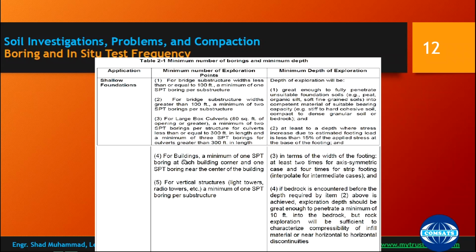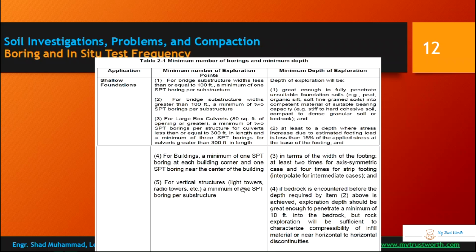Alright, for buildings, a minimum of 1 SPT boring at each building corner and 1 SPT boring near the center of the building. Whether it is a square or rectangular building, you have to consider the shape. To simplify your work, you can take a square of that area and conduct 4 SPTs at the corners and 1 SPT at the center of the area.